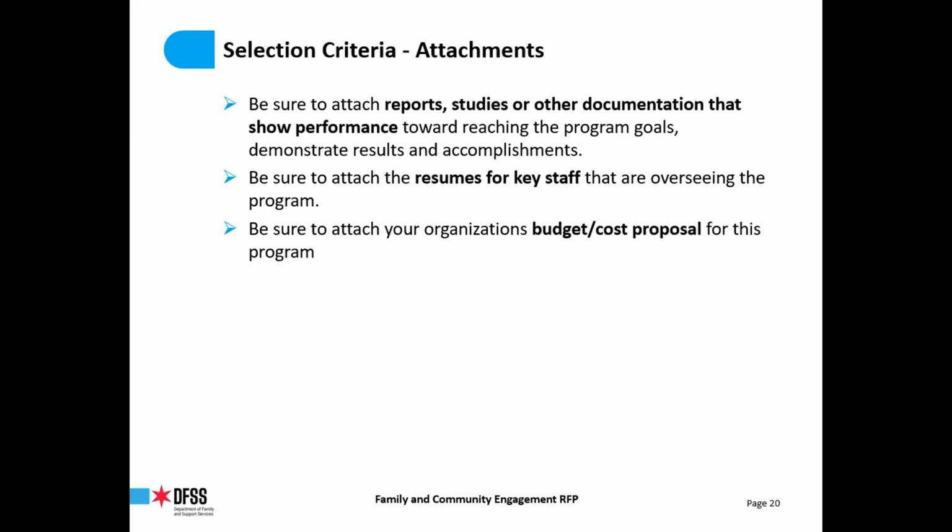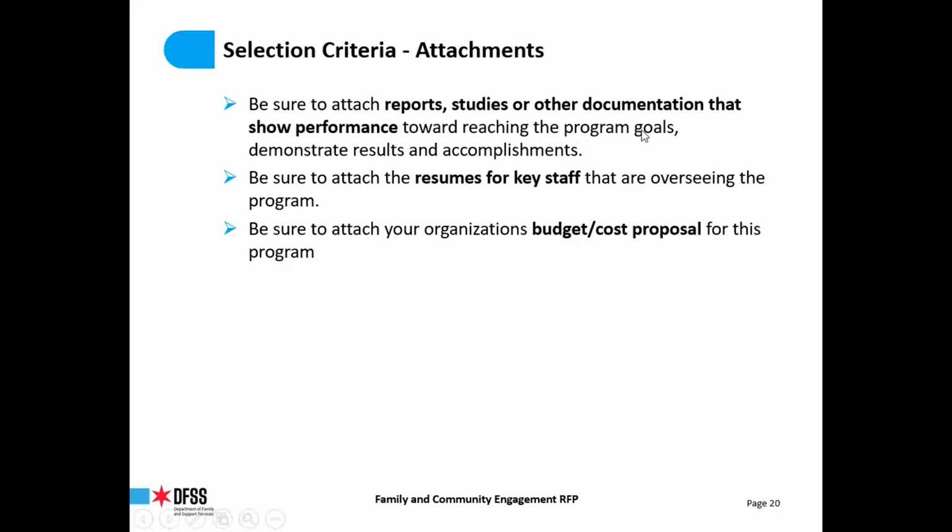Attachments. So make sure you attach the reports or studies or any kind of documentation that shows your past performance in activities related to this RFP. That's a plus. Please provide resumes for key staff. Make sure you attach your budget or cost proposal for this program.